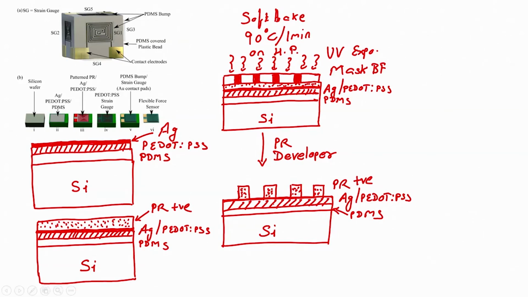What is the next step? Next step would be to etch the silver and PEDOT:PSS. So, we etch silver and PEDOT:PSS. When we etch silver and PEDOT:PSS, what will we get?